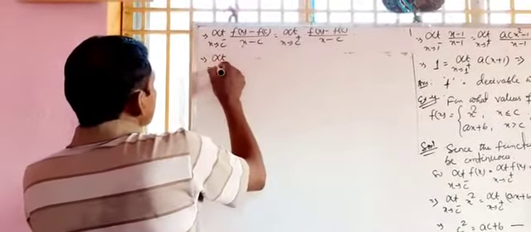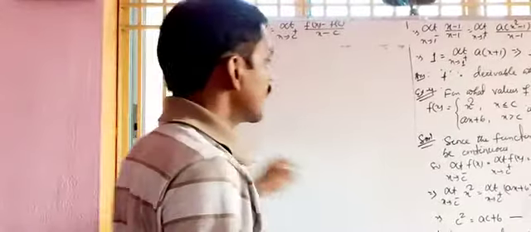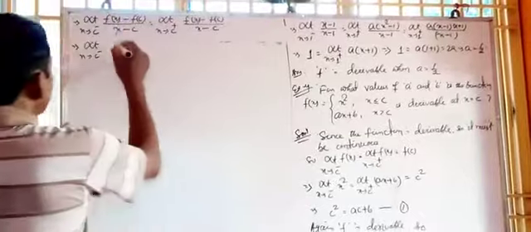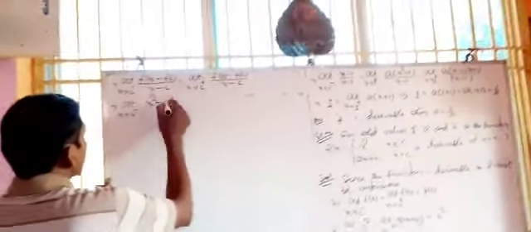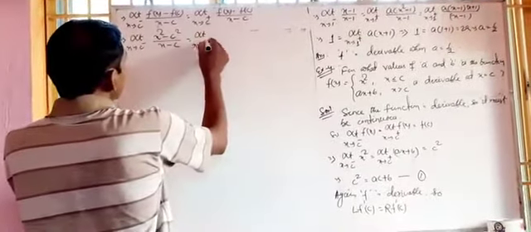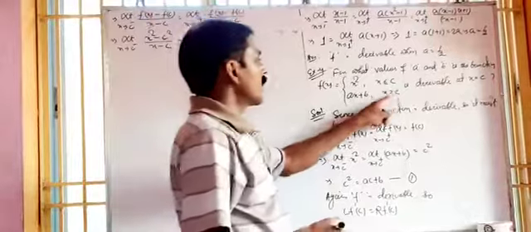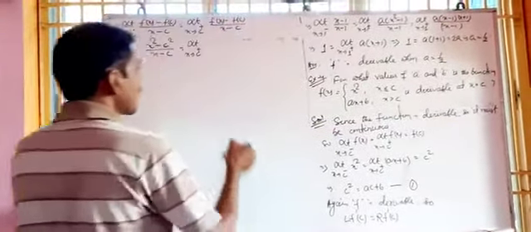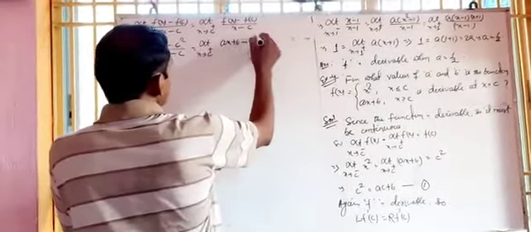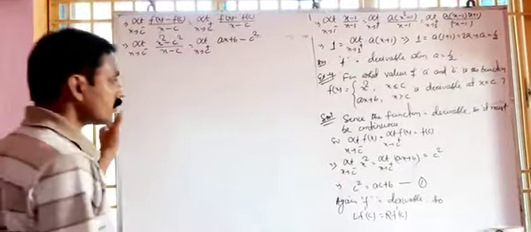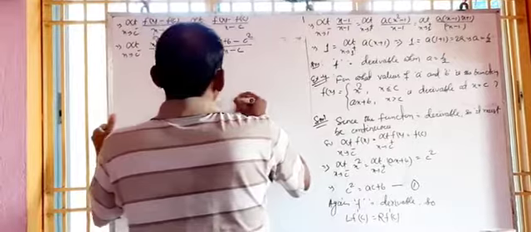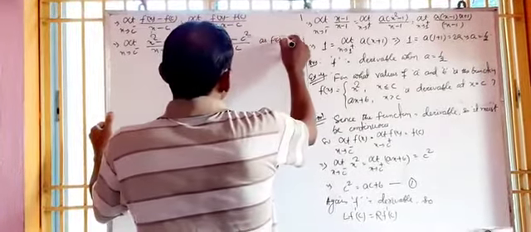So limit x tends to c minus. Now again for c minus, what is f of x? It is x square, and f of c is c square, by x minus c, equal to limit x tends to c plus. Now for c plus, when x is greater than c, f of x is ax plus b, minus f of c which is c square, by x minus c.